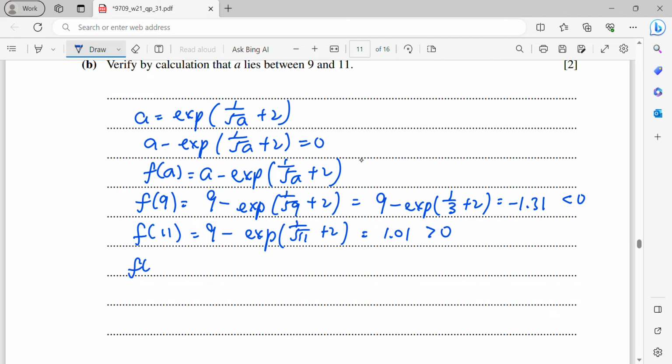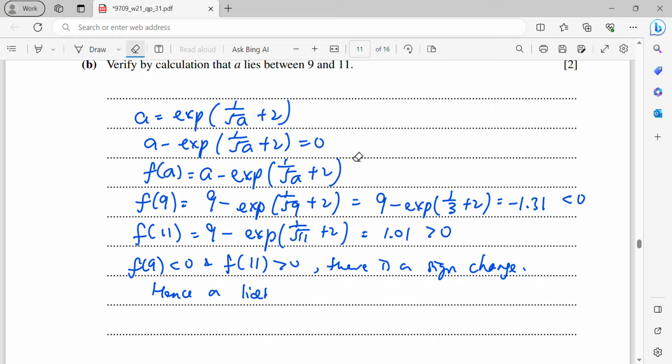So you just write f(9) less than 0 and f(11) is greater than 0. There is a sign change. Hence a lies between 9 and 11. So that is the sign change rule.